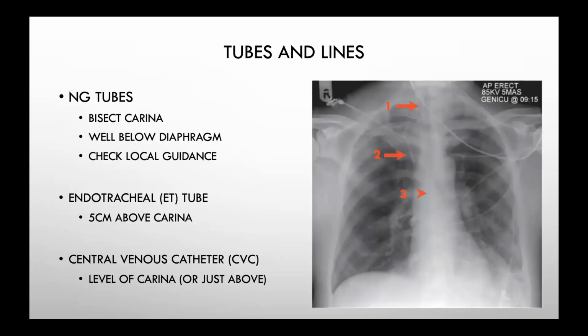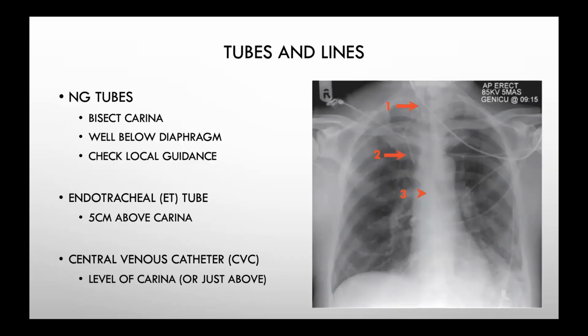Tubes and lines. Sadly, there are more of these x-rays happening because we've got more patients with central lines and intubated on intensive care. So your NG tube, this is broadly speaking what you're looking for, but be really careful with this. Every trust will have a clear protocol on when NG tubes are safe to use.